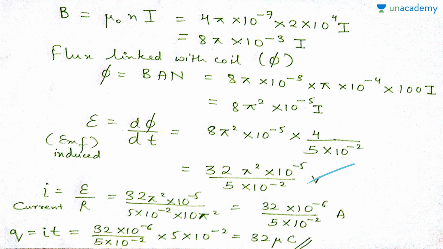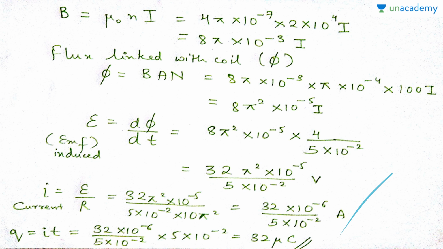Now what is the current? Current is E by R formula. E, we have already found the value of E, putting the value of E, and the resistance is given as 10 pi square. So we have put the value of resistance also. Upon solving this, we'll get 32 into 10 to the power minus 6 upon 5 into 10 to the power minus 2 ampere.